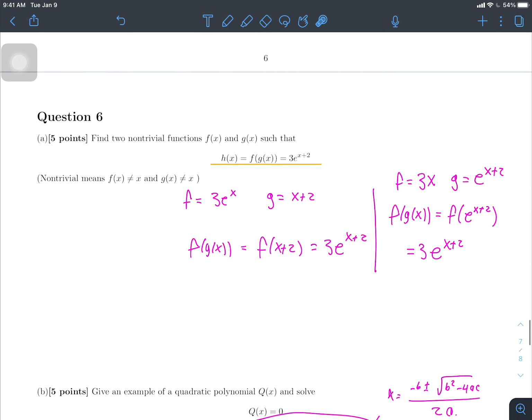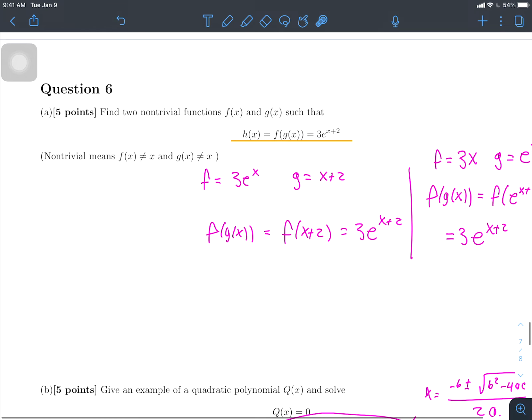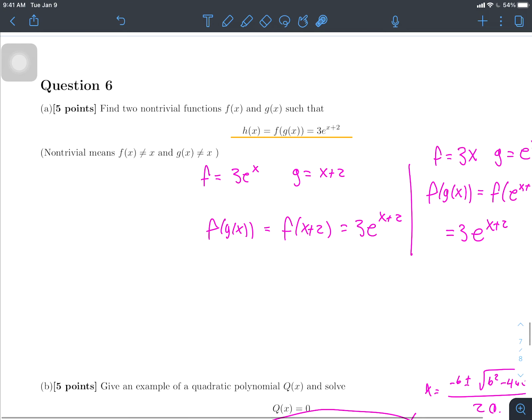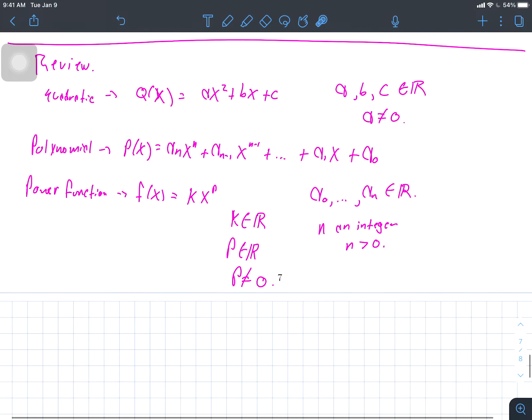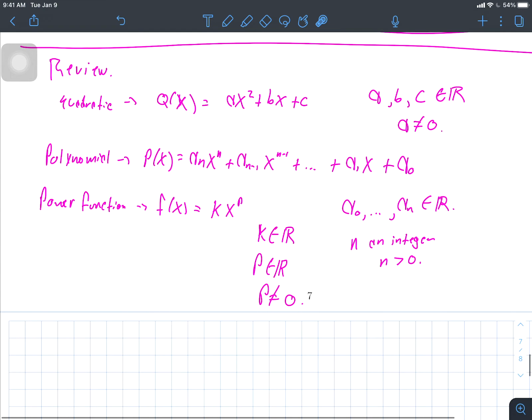All right. And the very last problem was to give an example of a quadratic polynomial q of x and solve that equation for q of x equals 0 to find the x values that cause your quadratic to be 0. So first, I want to quickly review what quadratics are, what polynomials are, and what power functions are.